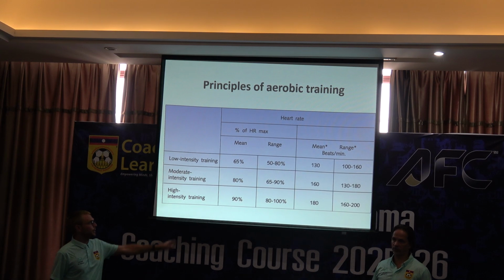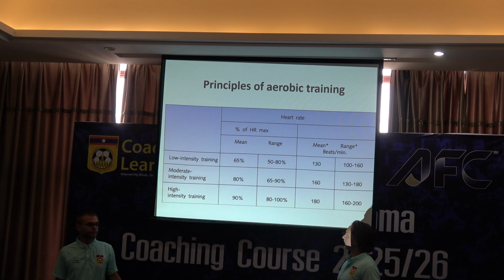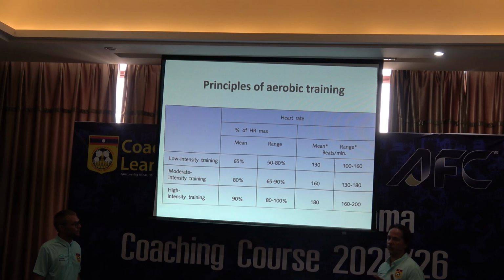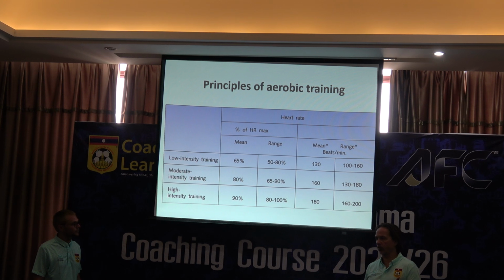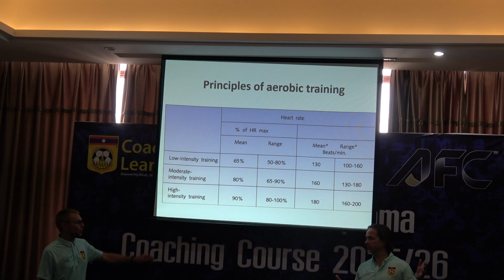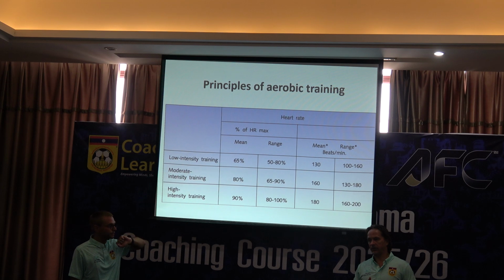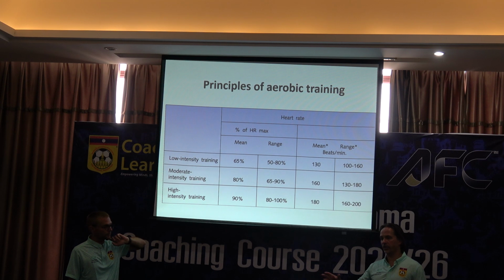This is the average, about half. And to achieve 90% on average in heart rate response, it's very, very difficult when we do 11 versus 11. It's impossible when we do 8 versus 8 on a small pitch with 2 goals.